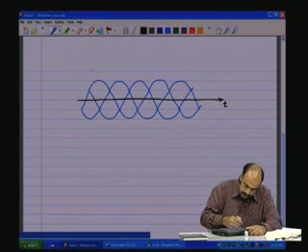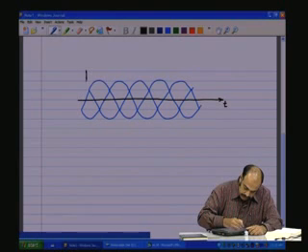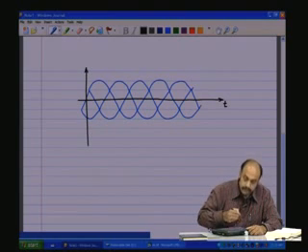Now let me have the axis, the vertical axis at this point, the 0 point here.